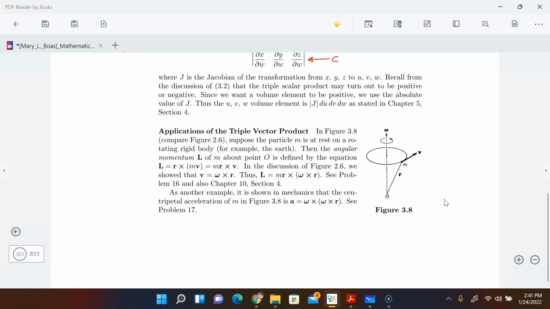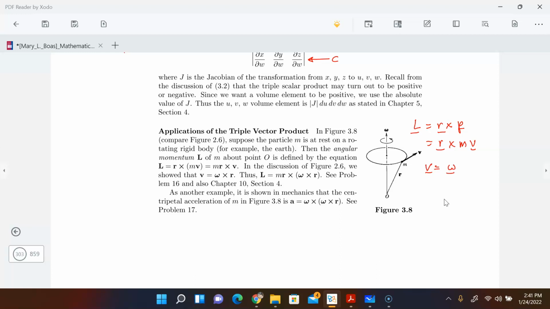So if you have, for example, your angular momentum defined by r cross p, and p equals mv. But then you have seen before that v equals omega cross r.